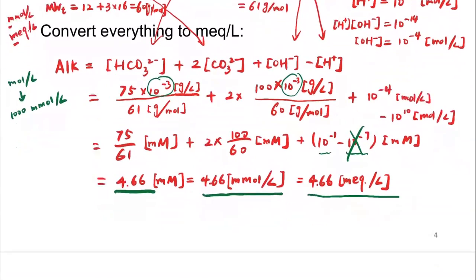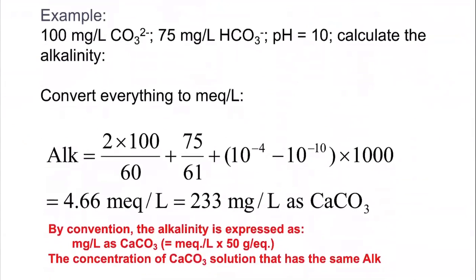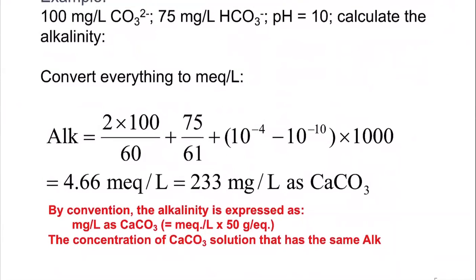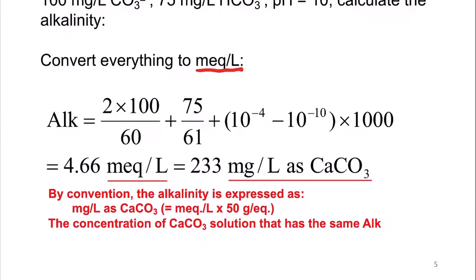So further, by convention, what people also would do is, instead of showing the alkalinity in this unit, they want to show it in a unit that is more straightforward to understand. So what they will do is convert this unit of milliequivalent per liter into the mass concentration of calcium carbonate. You may wonder why people do this, because this adds more complexity into the calculation.